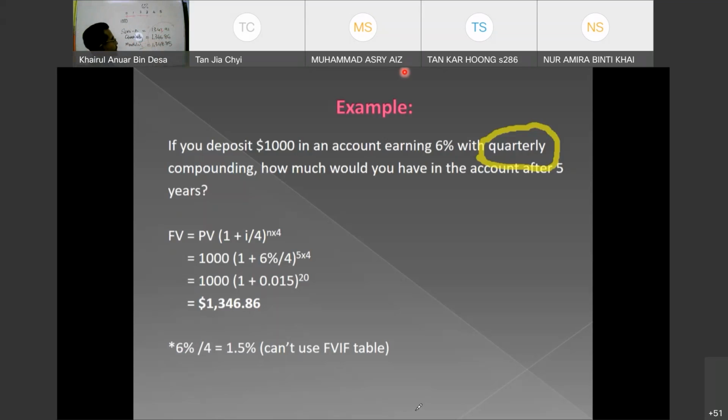Quarterly 1346. Monthly 1348. Okay, 91, 86, 85.